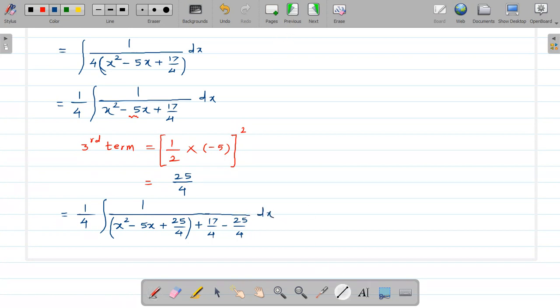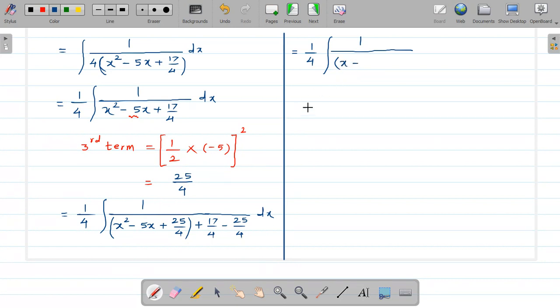Now by adding the third term here, what do we get? I will write here 1 by 4 into integration 1 upon x square minus 5x plus 25 upon 4. So it is the square of x minus 5 by 2. How will you write it?